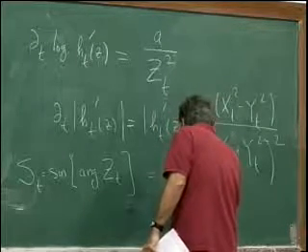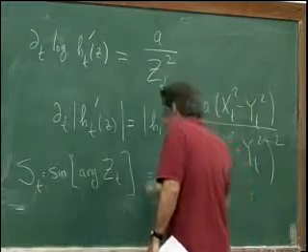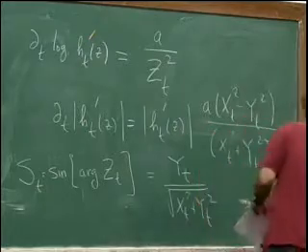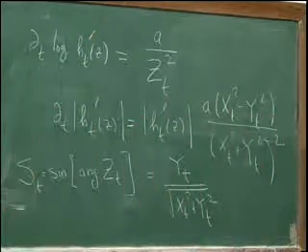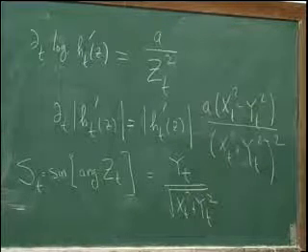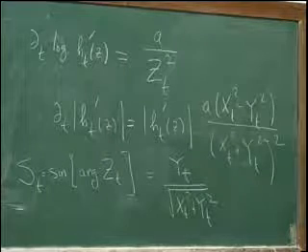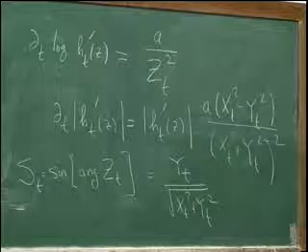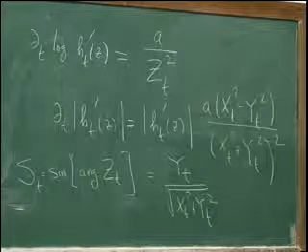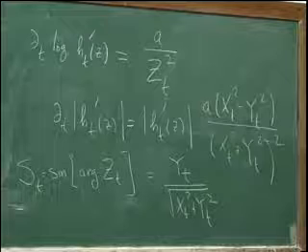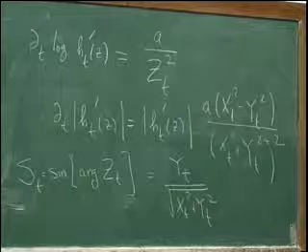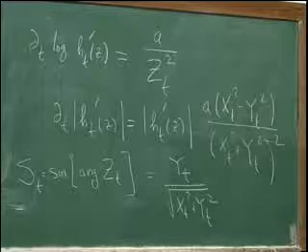I'll write it this way. And the one other quantity I'm going to call upsilon t, and that's |h_t prime of z| over y_t.